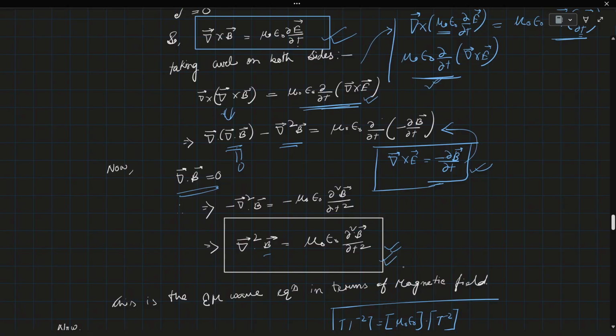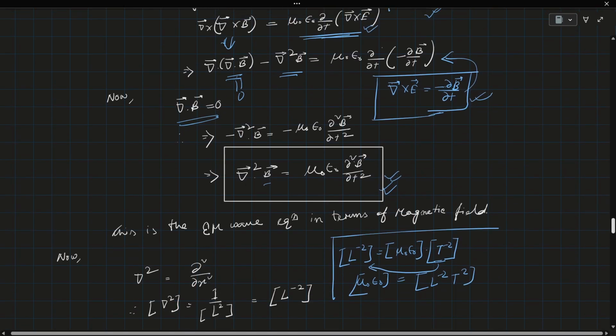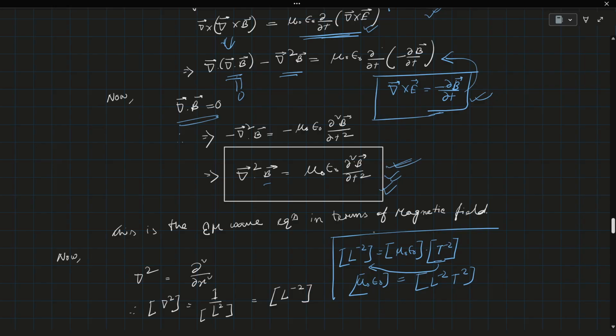So these are the two equations, the electromagnetic wave equation in terms of both electric field and magnetic field. If you are asked to derive the electromagnetic wave equation from the Maxwell equations, you can write down any one of them. But if they mention specifically the magnetic field or the electric field, then you have to write the corresponding one. So now let us proceed further.